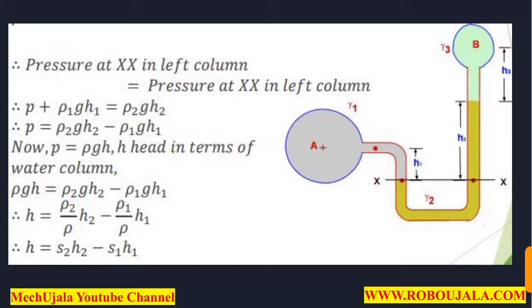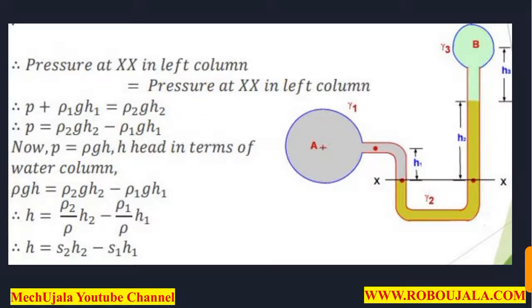So we will get P plus rho 1 g h1 is equal to rho 2 g h2. Now we have to calculate the pressure at point A. So P is equal to rho 2 g h2 minus rho 1 g h1. So that is what we are getting.